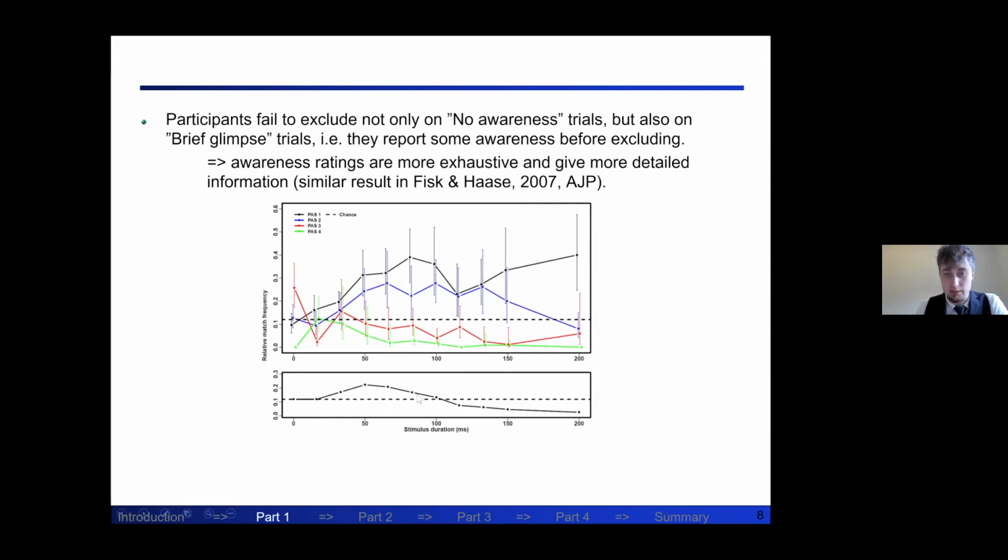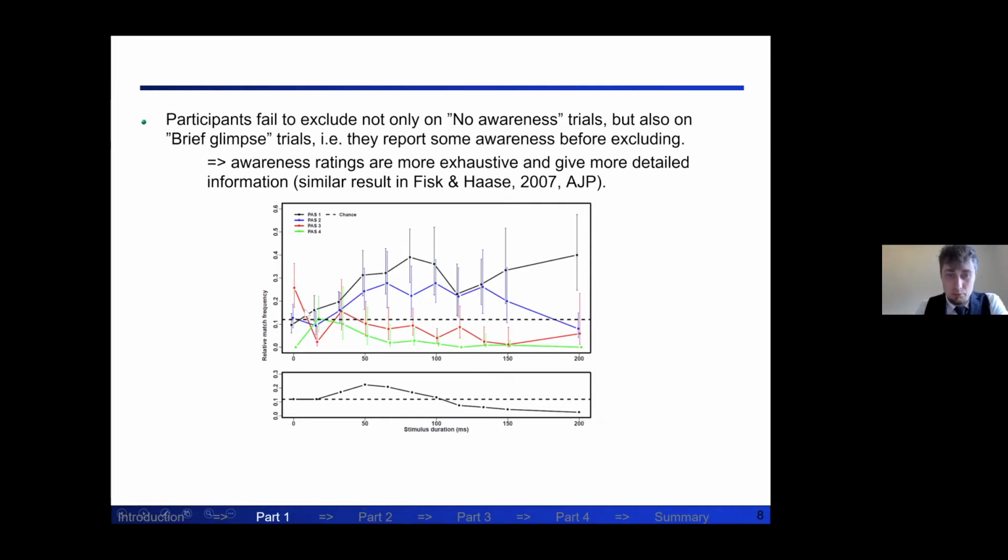And then as the word becomes more and more clear, they start doing the task as they're supposed to and exclude it. And at 200 milliseconds, they're basically excluding every time. So they find some other word to write. Now, if we look at the same graph here, but split into awareness ratings, and this is 1, 2, 3, and 4, you can see that when people claim to have an almost clear experience or clear experience, it quickly drops below chance and stays there.